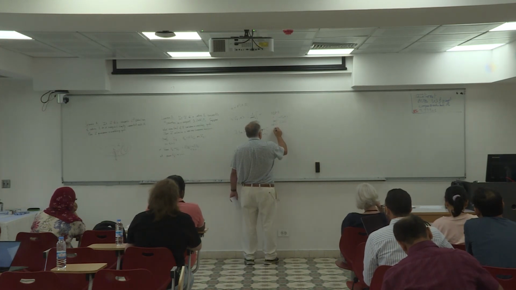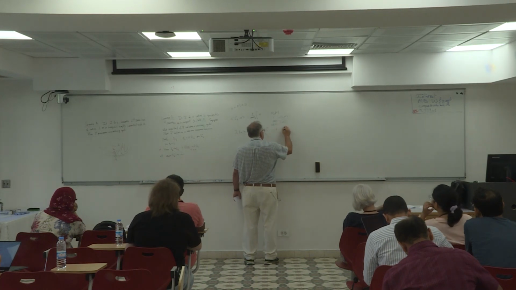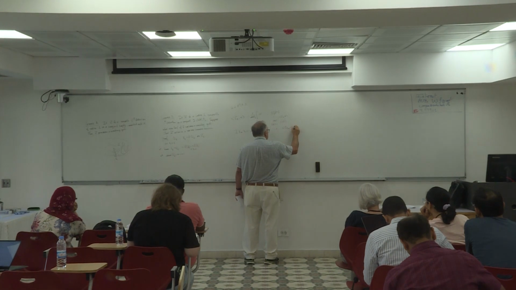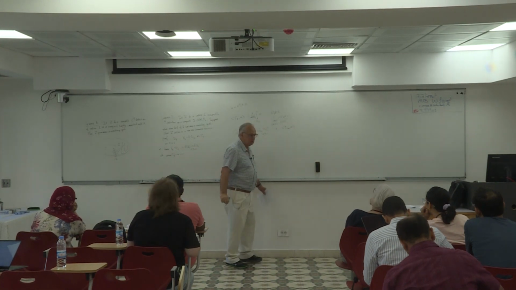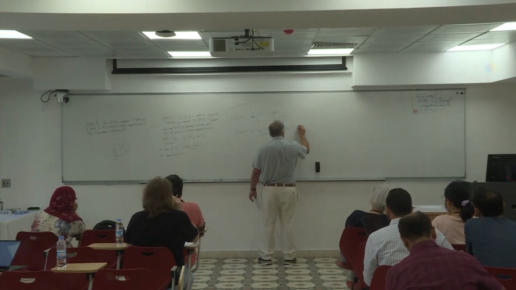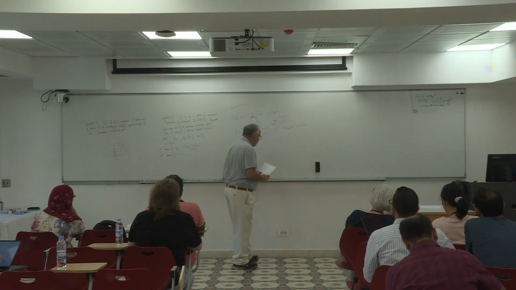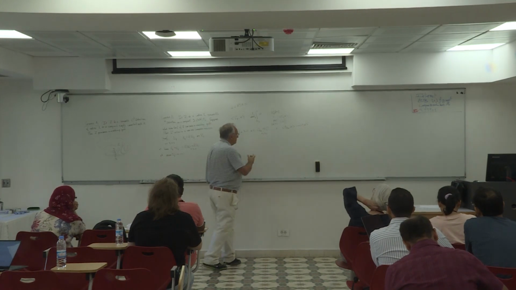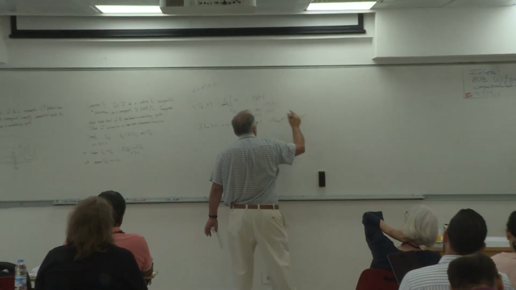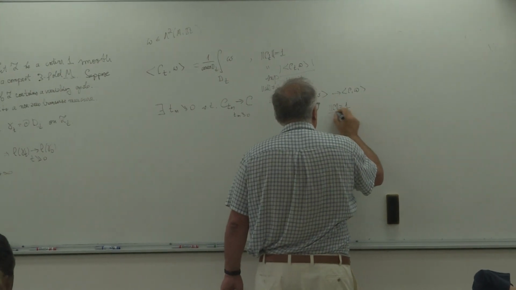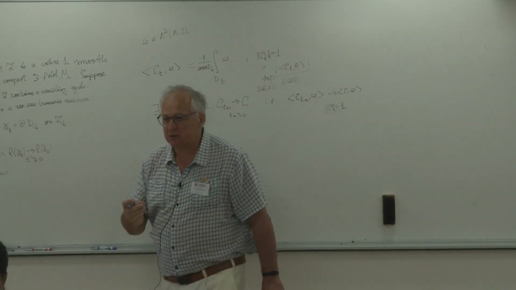So it means that CTn evaluated on a test form converges to C of omega. And since the masses were 1, the mass of C is 1. Well, in particular, this is a non-zero current.